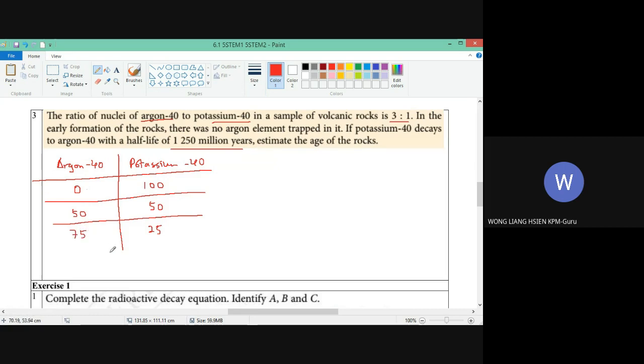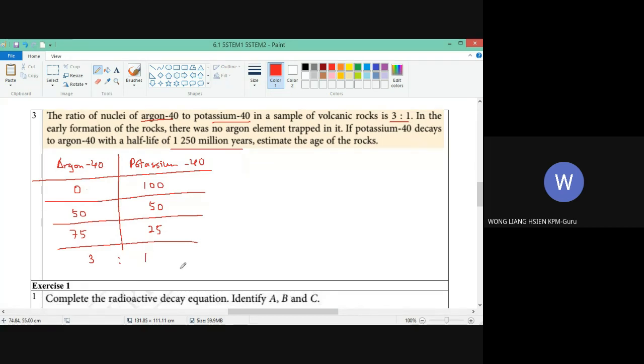Because the sample of volcanic rock has a ratio of 3 to 1, you can see that argon-40 is 75 and potassium is 25. So this ratio is 3 to 1.